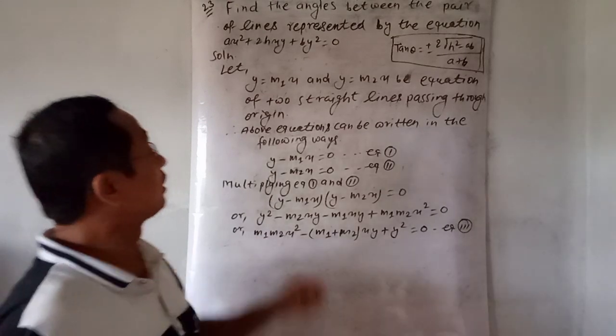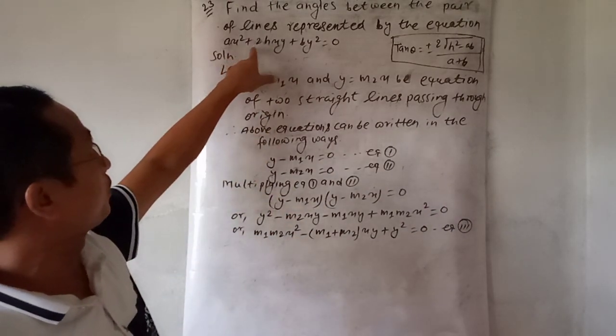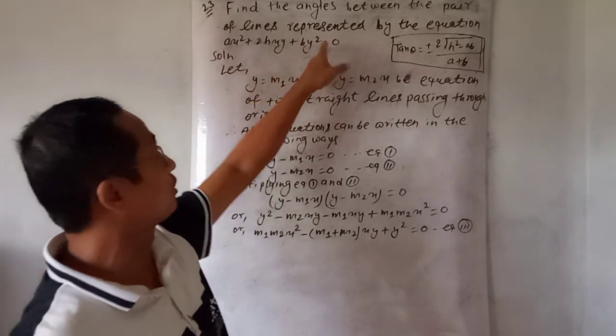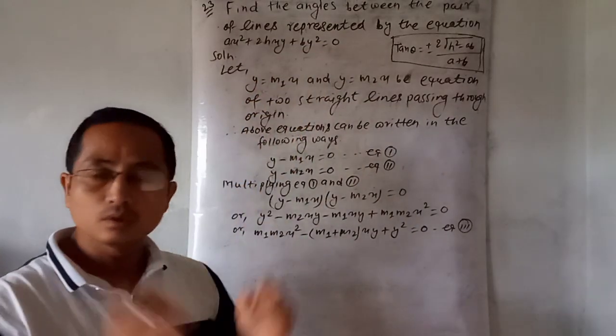So now here, given equation ax square plus 2hxy plus by square is equal to 0. This and this equation you have to compare.